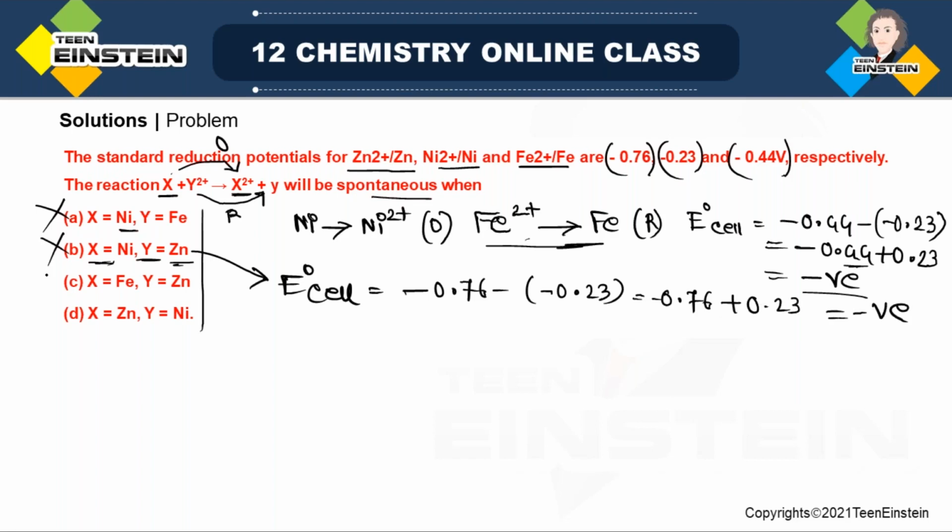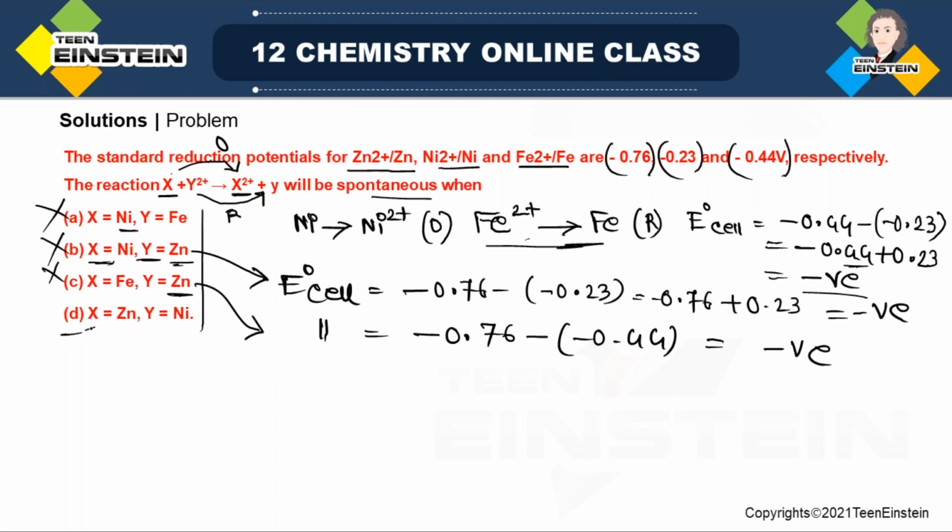So this is not possible, not spontaneous. Now for the third system, here Zn is fixed. So E naught cell, I'm writing it this way: minus 0.76 and for iron it is minus 0.44. So again it is minus 0.76 plus 0.44, so again it is negative. Obviously not possible. Now if you are short on time, you can easily understand that the remaining one is the right option, but we will do the calculation here.